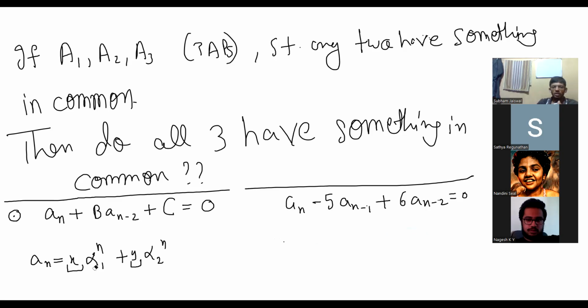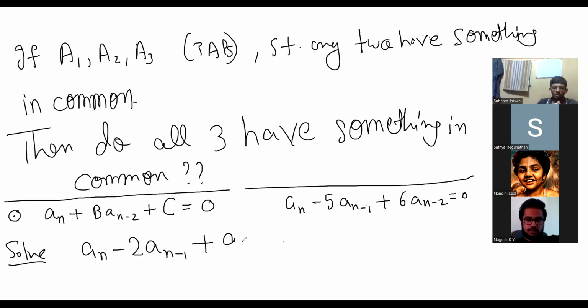And now, let me slightly tweak it a little bit and see if you can do it. Solve a_n minus 2a_(n-1) plus a_(n-2), and a1 equal to a2 equal to... try this.